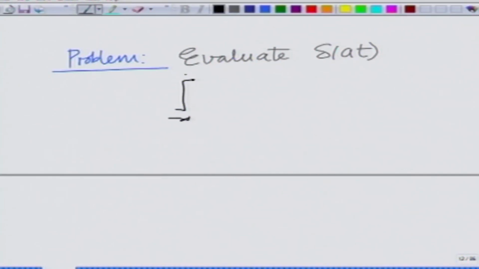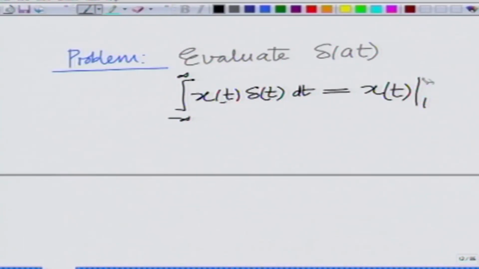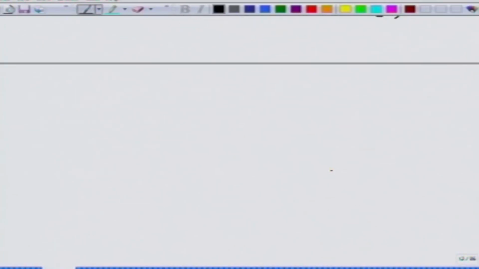Remember, delta t is defined such that x of t delta t for any function is equal to x of t evaluated at t equal to 0, this is equal to x of 0.